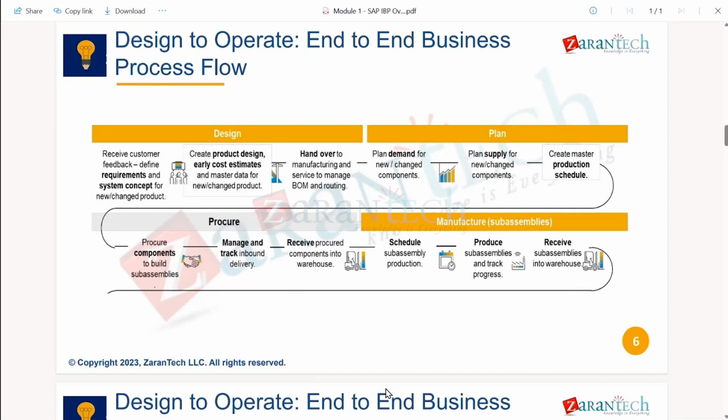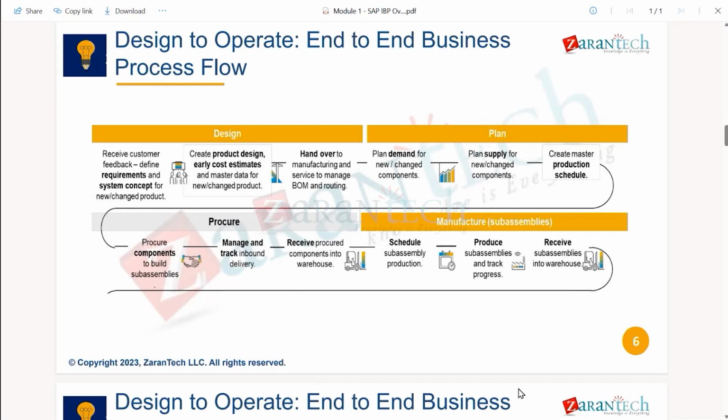In the best case scenario, this production plan is frozen. Once it is finalized, they are very reluctant to make changes because all the manufacturing resources and all the procurement are already planned. Any change in the MPS, that is the master production schedule, will lead to a loss of efficiency for the manufacturing organization.